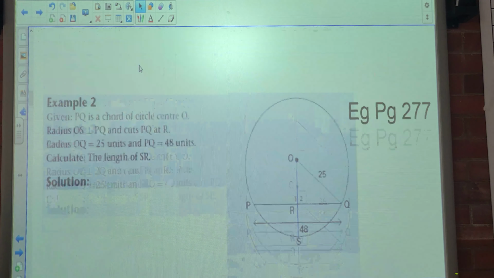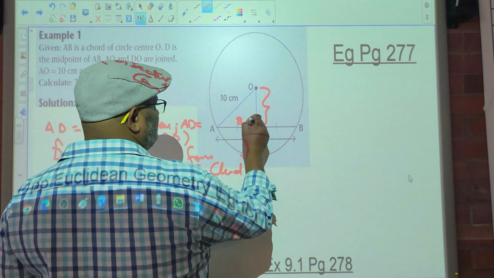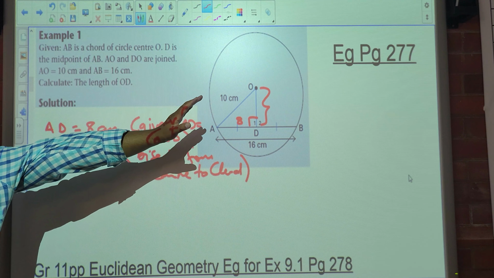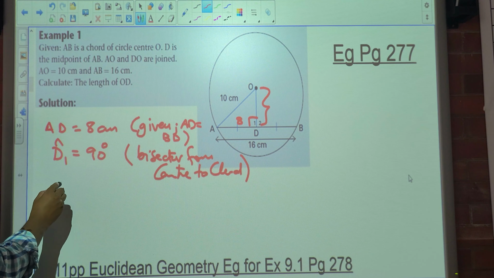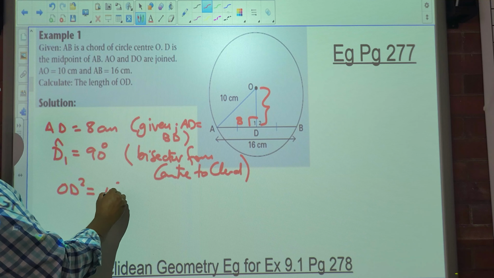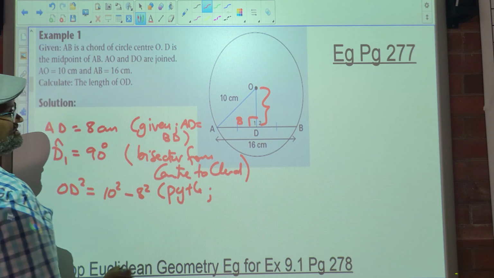Okay. So coming back here, you said you're going to use Pythagoras, but for Pythagoras you need a right angle there. Not so. So do we have enough information to calculate Pythagoras? Yes. So what do we say? OD squared is equal to 10 squared minus 8 squared. Why? Pythagoras.